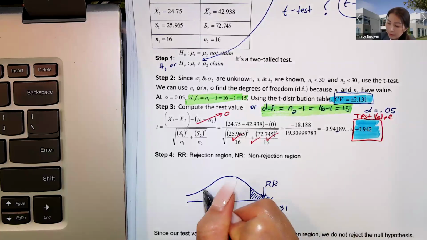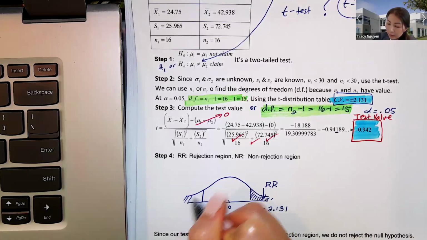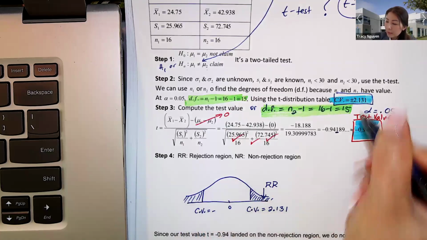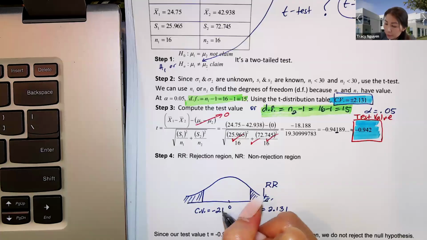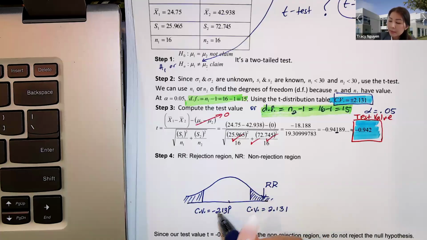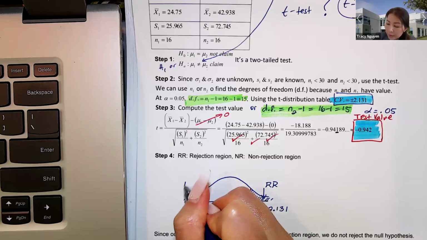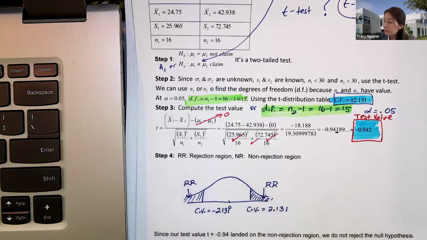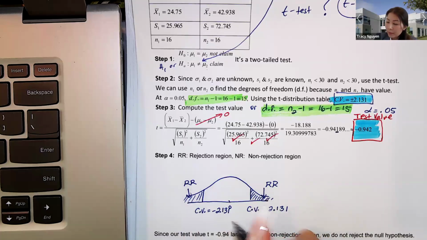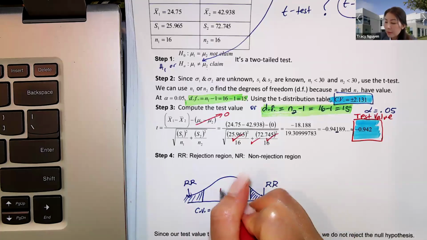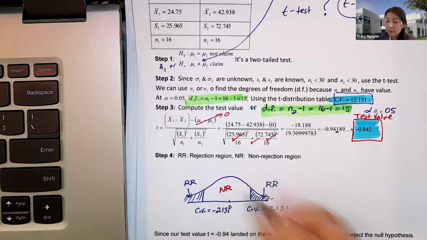We do the other tail here, which is the left tail. The critical value would be negative 2.131, so we mark it to the left of 0. This tail is also our rejection region. In between negative 2.131 and positive 2.131, we have the non-rejection region.